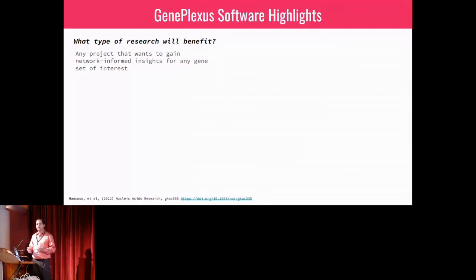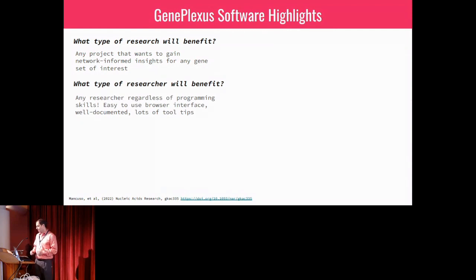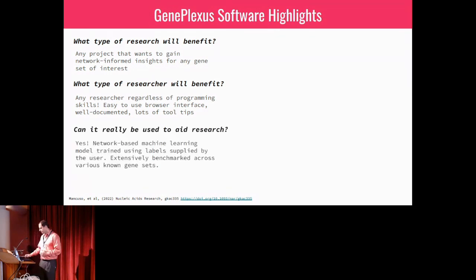We're trying to design it to be task agnostic, or you can pick the network that might be better for you, but we really are trying to make this very general for anyone to use. What type of researcher will benefit? Hopefully everyone. Hopefully these web servers will help anyone, regardless of programming or network knowledge. They can still use this method.